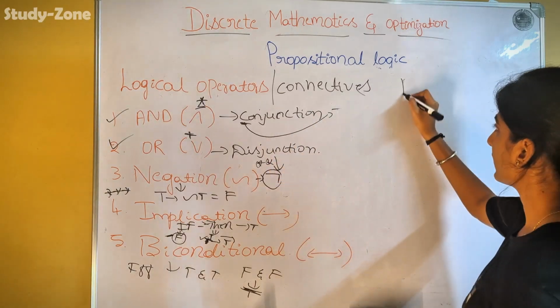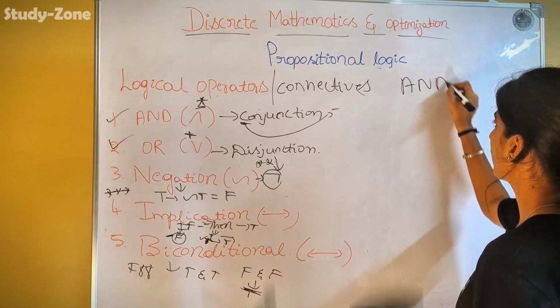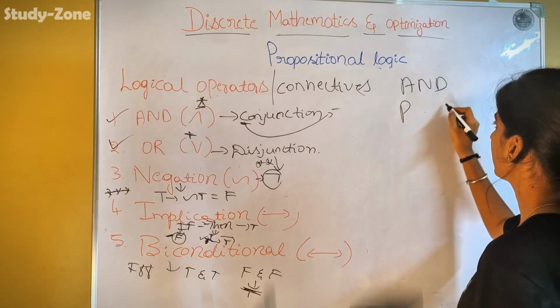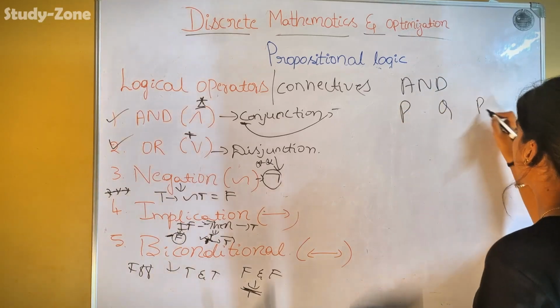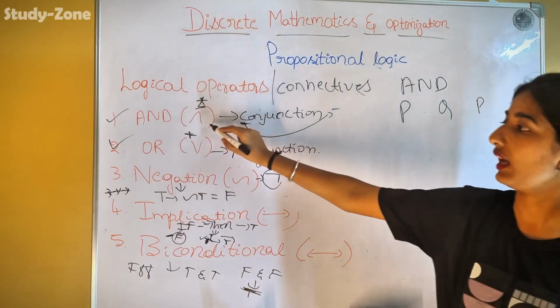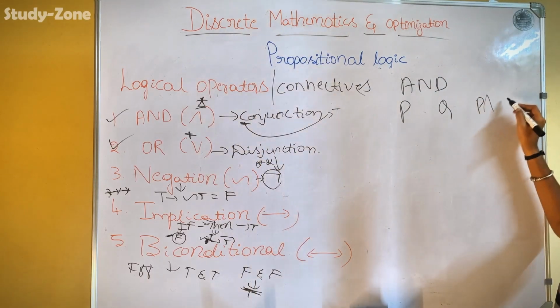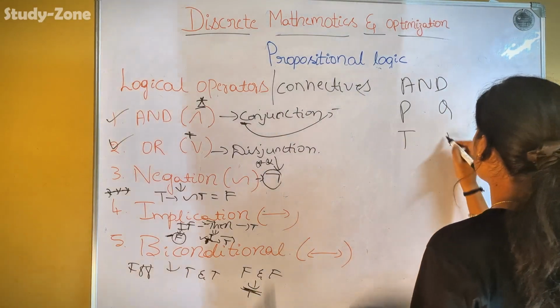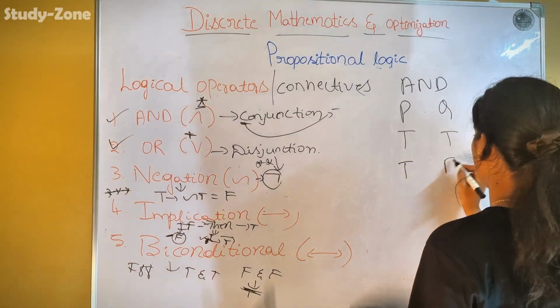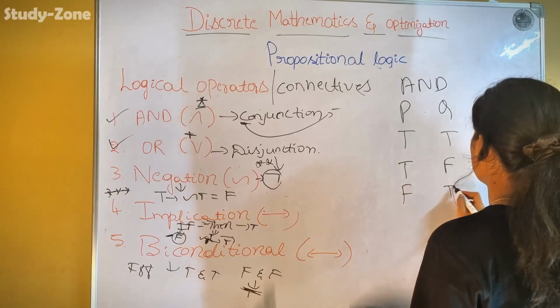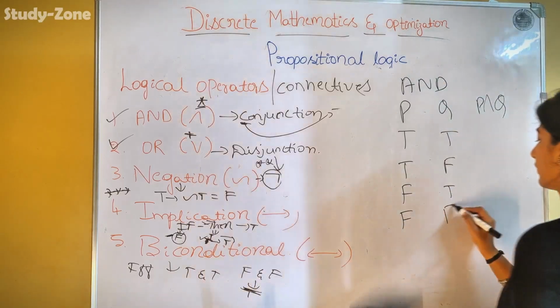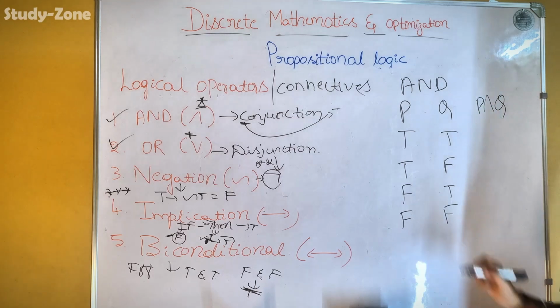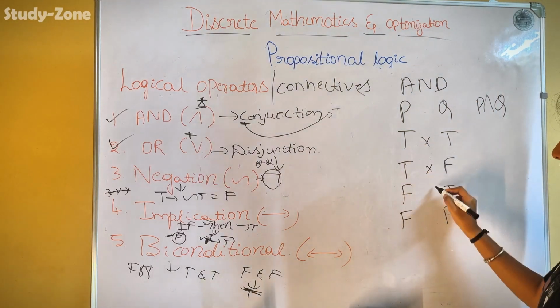First one is AND. So here P, Q and P and Q. Here the truth values are true, true, true, false, false, true, false, false. Here we take multiplication, right?